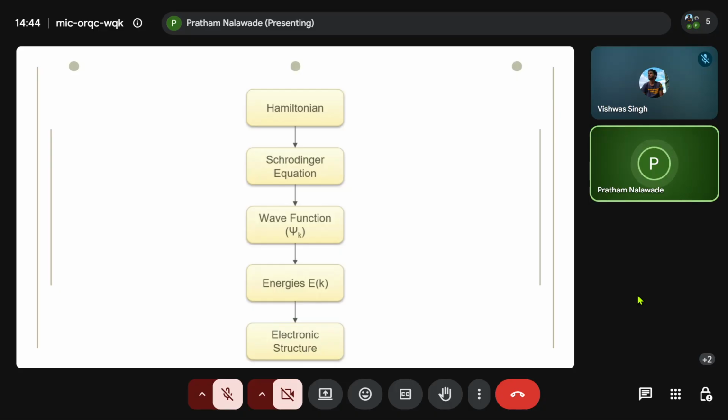The potential term is dependent on each other. Okay, so we cannot solve the Schrodinger equation basically. So what can we do?